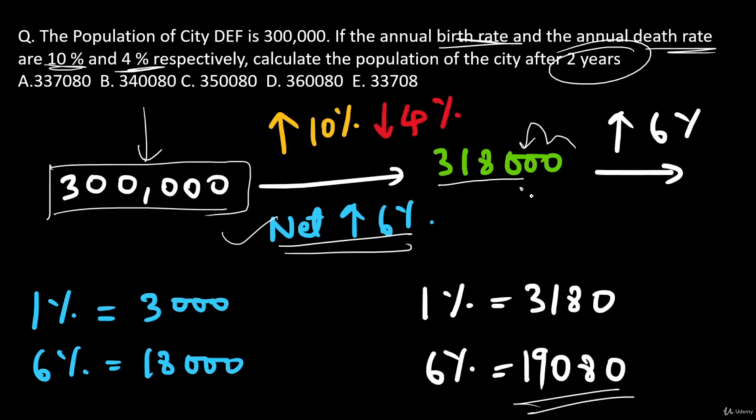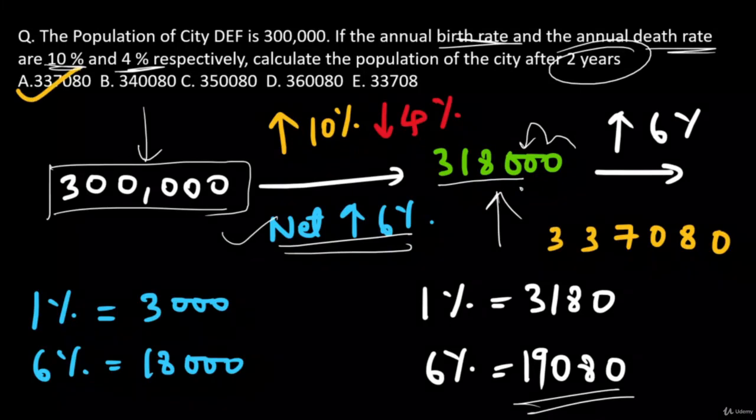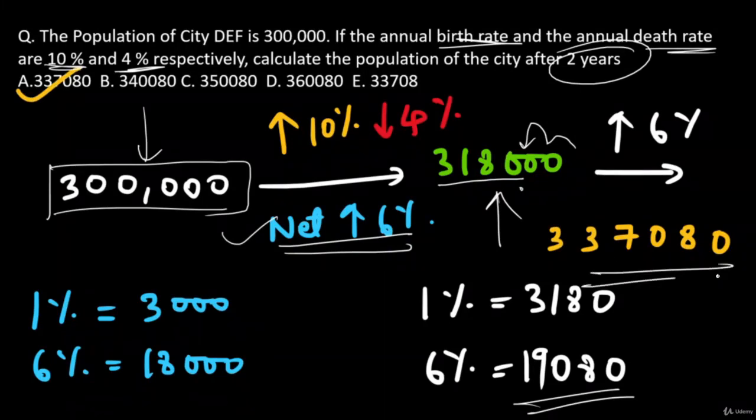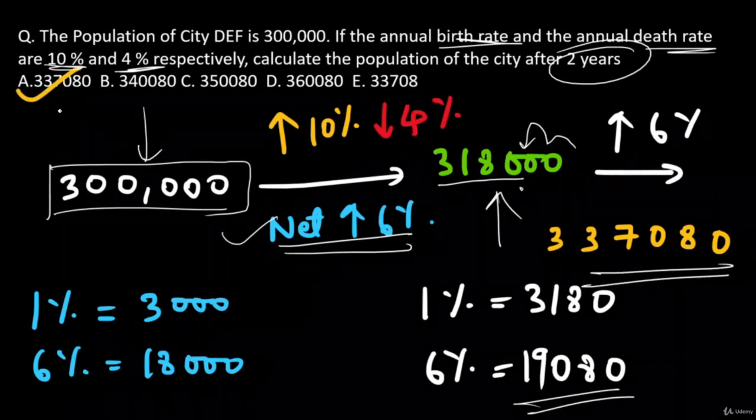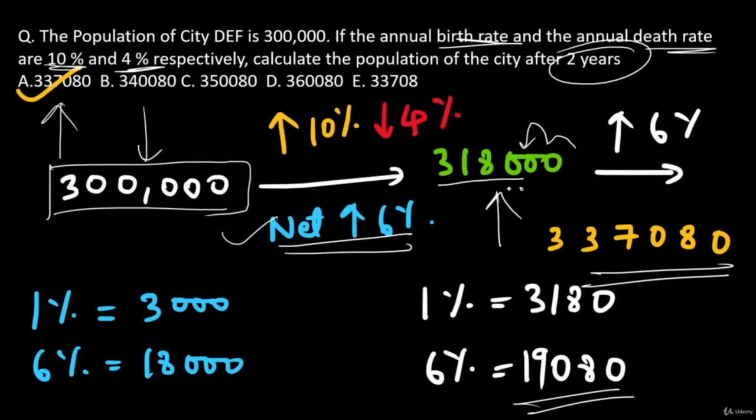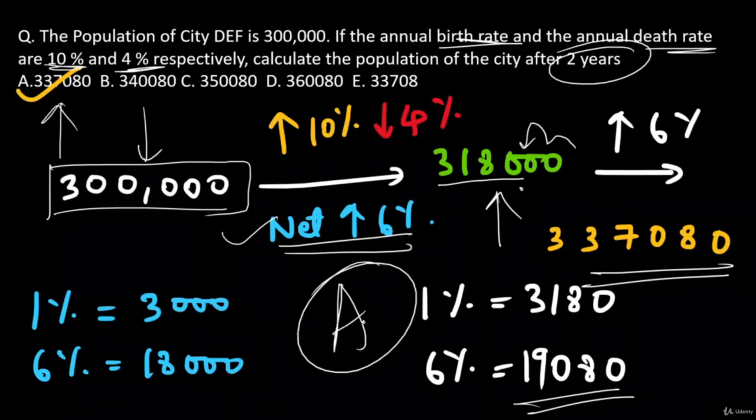So you have to add this value to this value over here, right? So 318,000 plus 19,080 would be equal to 337,080. All right. So you can see that that's the value given in option A. Therefore, the correct answer to this question is option A.